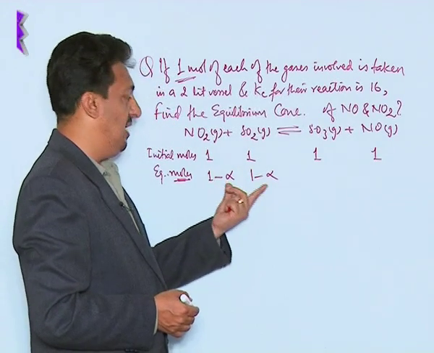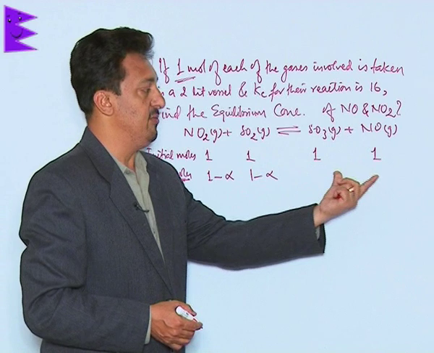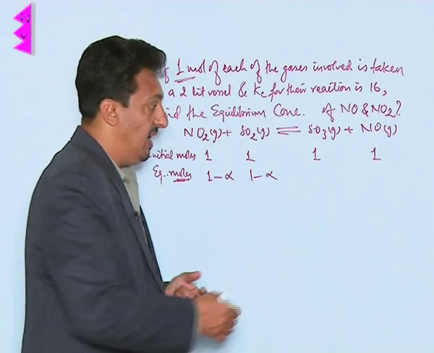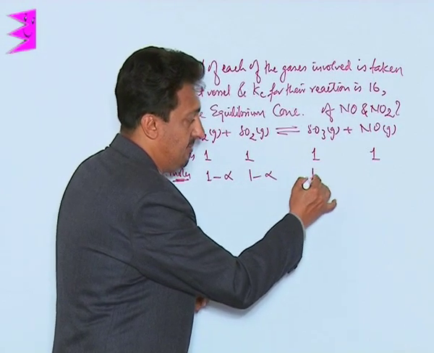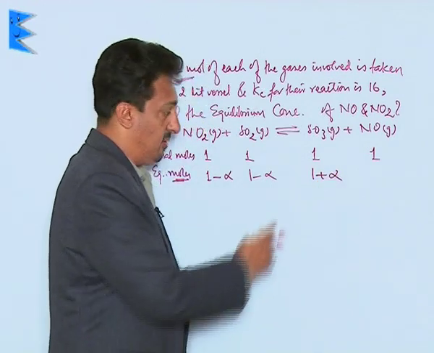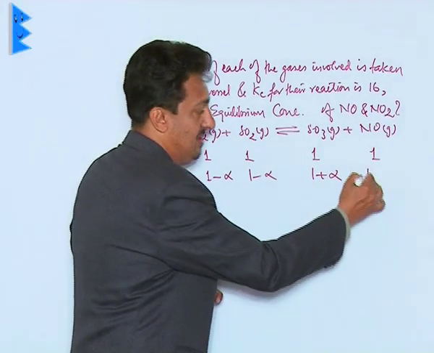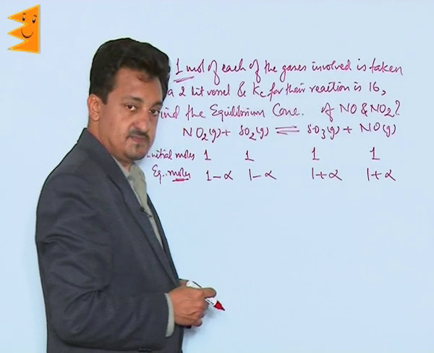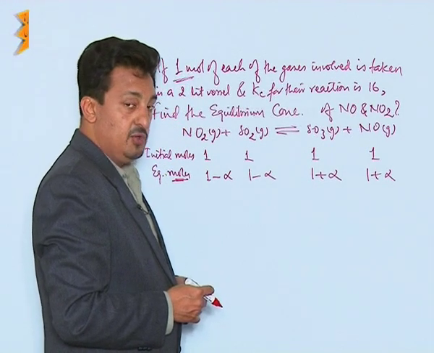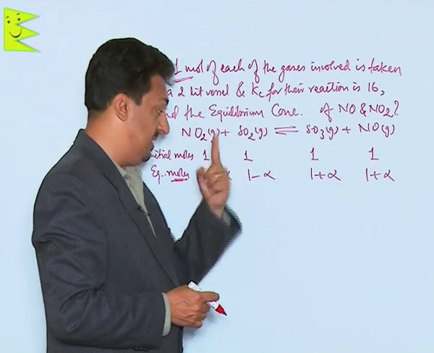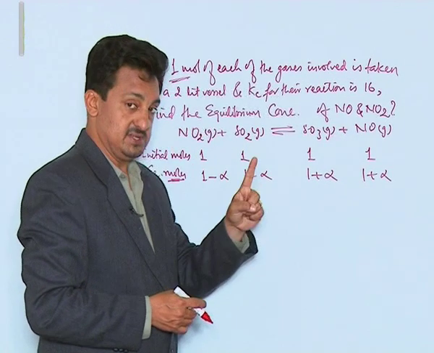And since alpha moles of these are reacting, alpha moles of these will be formed, and therefore the moles at equilibrium will be 1 plus alpha, because 1 was initially there, and it also will be 1 plus alpha.